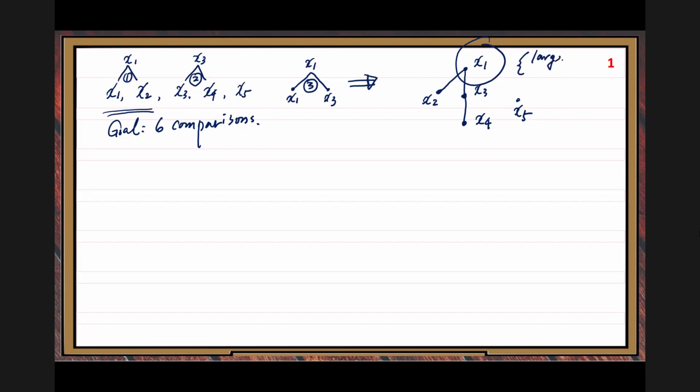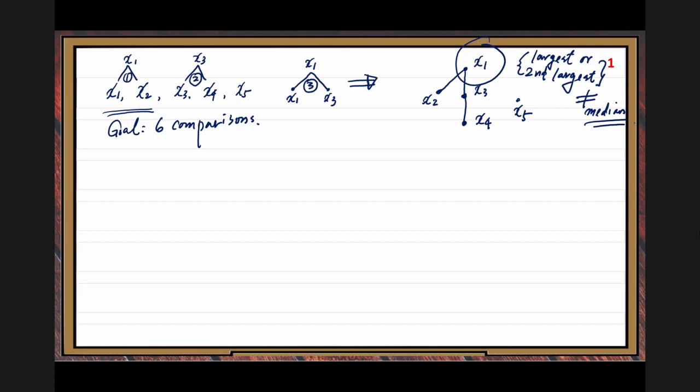Largest or second largest, but both of them are not equal to the median. Can we remove it from consideration? Yes, our elimination method. Remember our elimination method. If some elements have nothing to do with the median, why do we keep them?